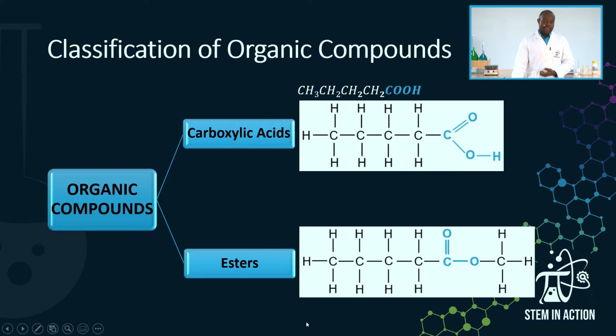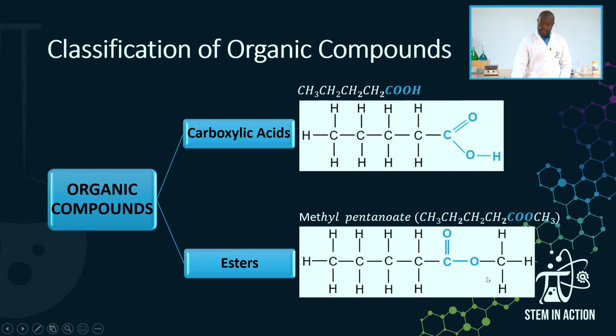And in naming an ester, you have to identify the separation between the carboxylic side and the alcohol side. So in this case, this is the carboxylic side up to there, and this is the alcohol side from this oxygen to that side. And when we name them, we always start with the alcohol side.